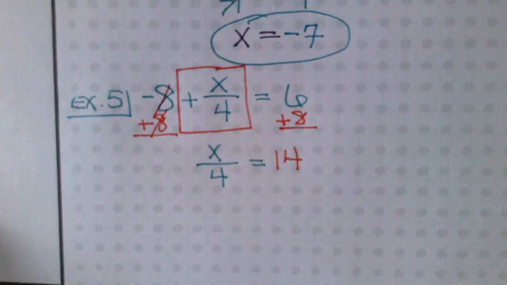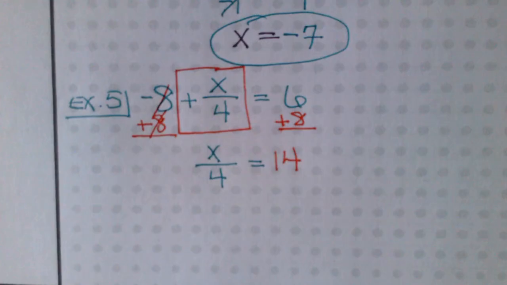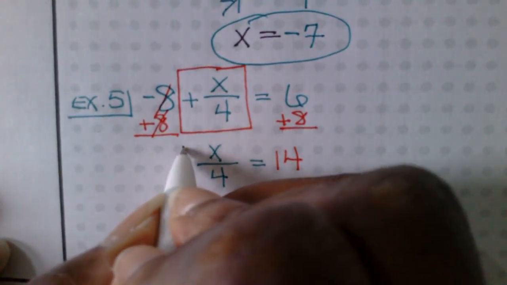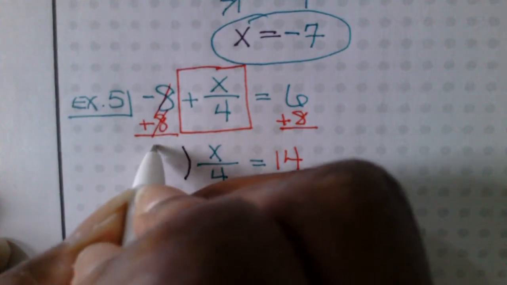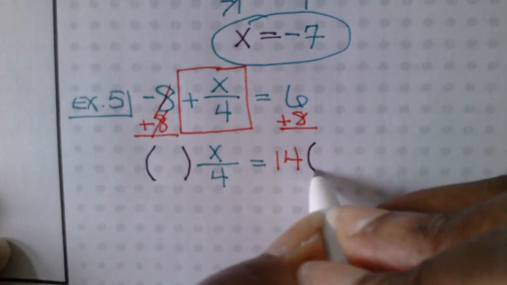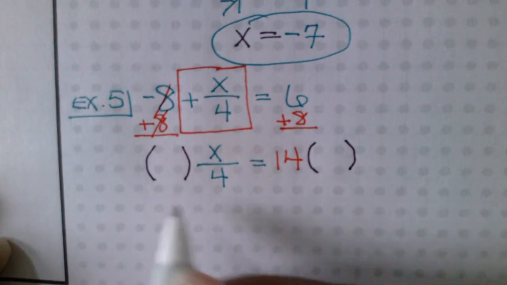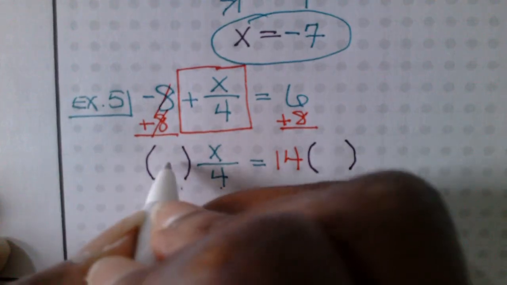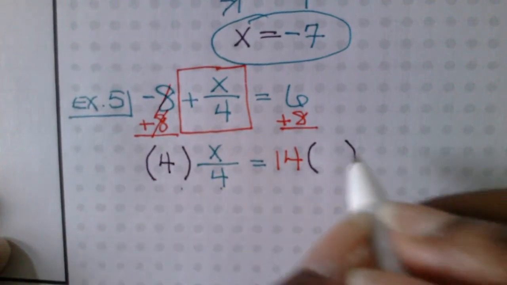Okay. We're not going to do foil, because foil is only when you do multiplying polynomials. So we are going to do the inverse of division, which is multiplication. And what are we going to multiply? Whatever our denominator is, which is a 4 in this case.